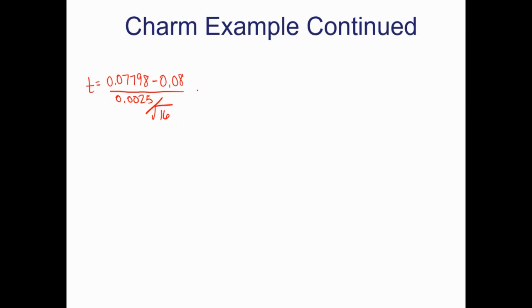Now, we're in a crunch for time. We only have like 6 minutes left. So I'll go on and tell you that you should get approximately negative 3.21.